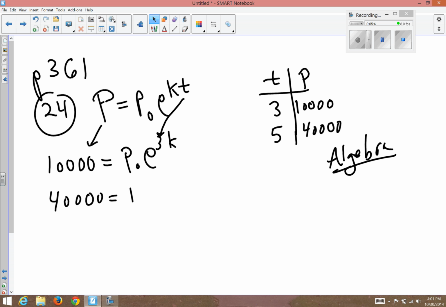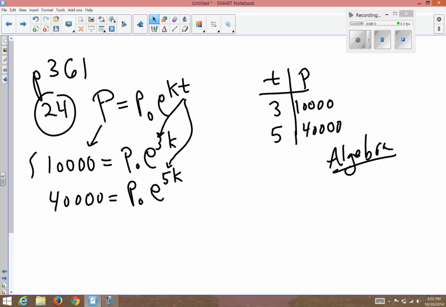Let's say P sub 0, still don't know it, e to the 5k, because it's 5 hours. That's how much time it takes for the population to be 40,000. So this equation also has two unknowns, same unknowns.